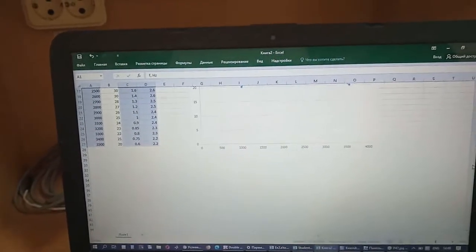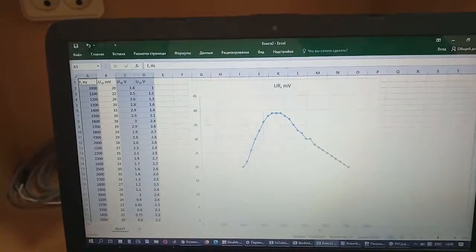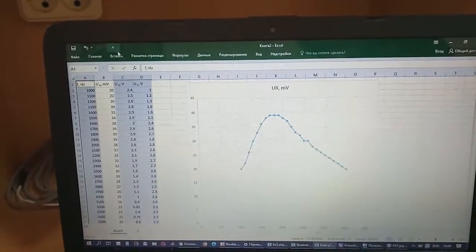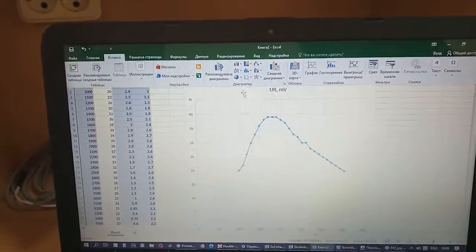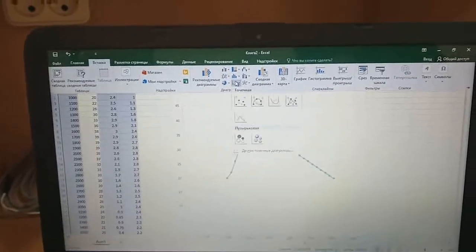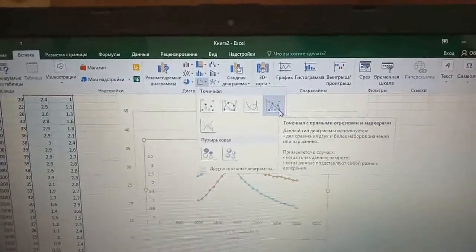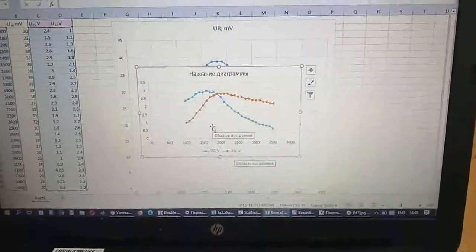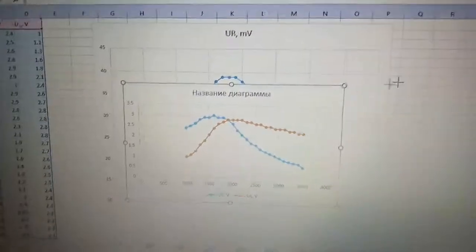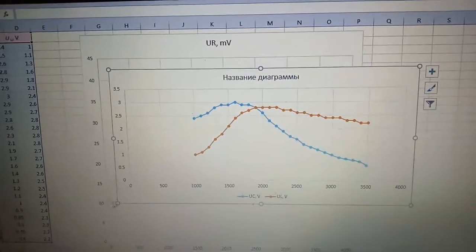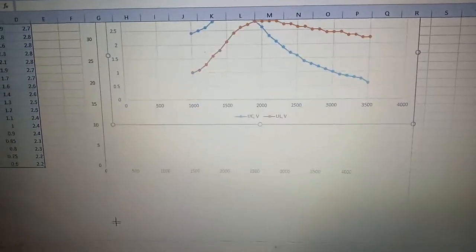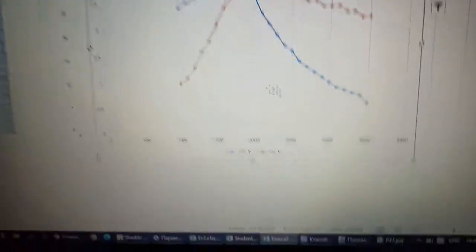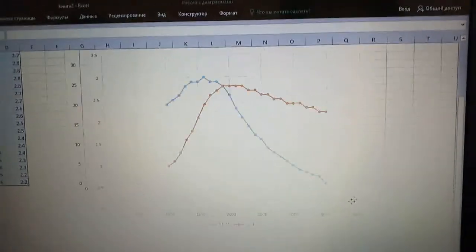So the three columns are selected now, and again I use insert, scatter type of diagram, and this type. So this is a new diagram. It represents the behavior of voltages on capacitor and inductor on frequency.